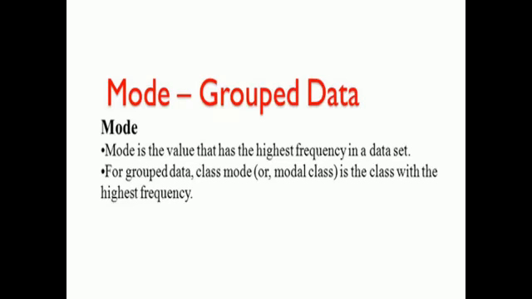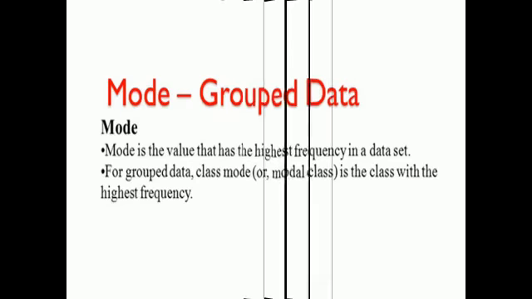For single data, what is the mode? The number which is repeated the most. For group data, what is the mode or modal class? The class with the highest frequency.